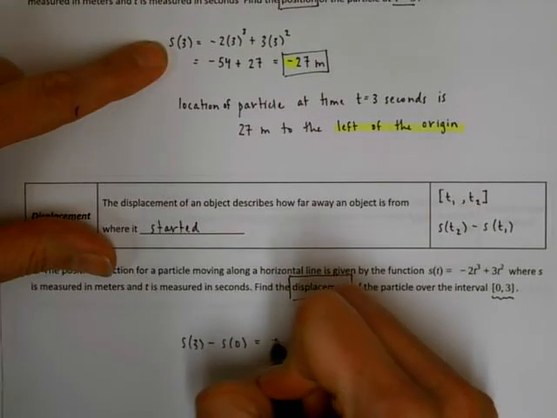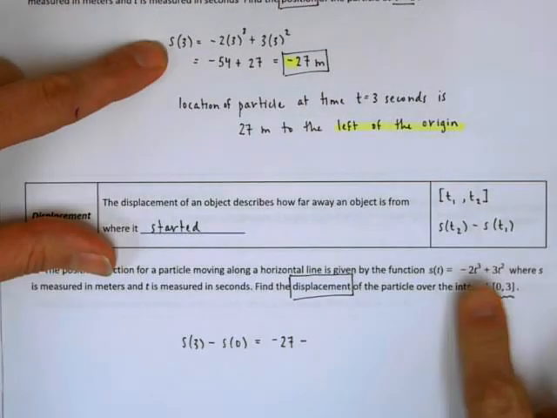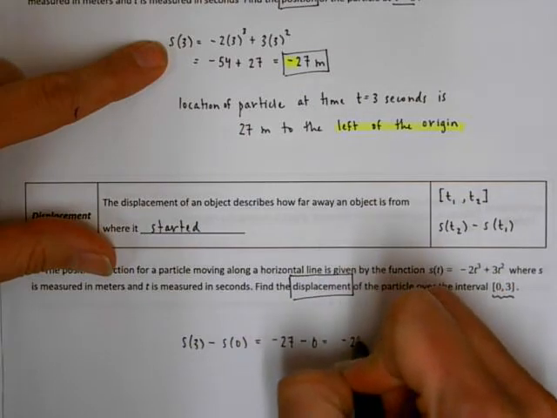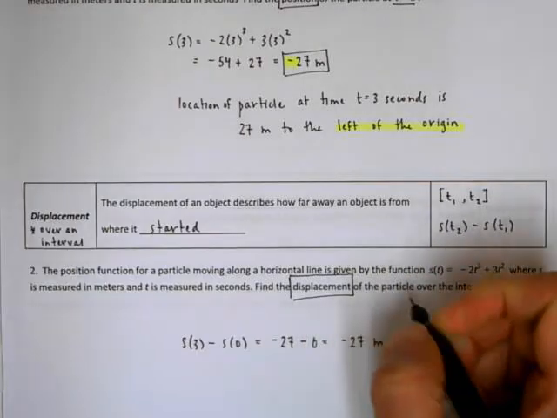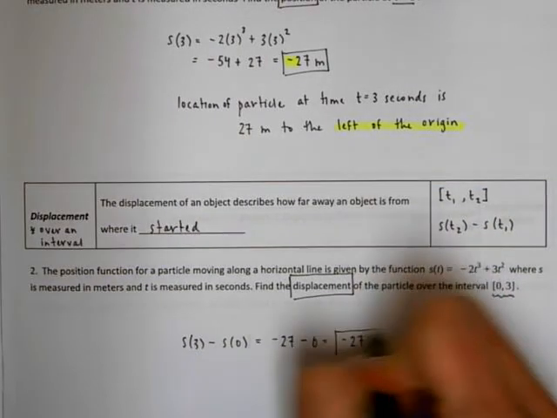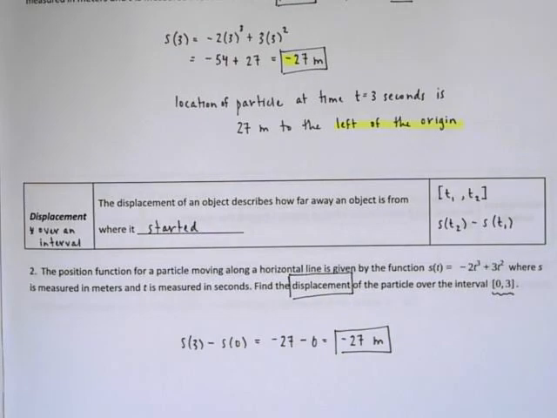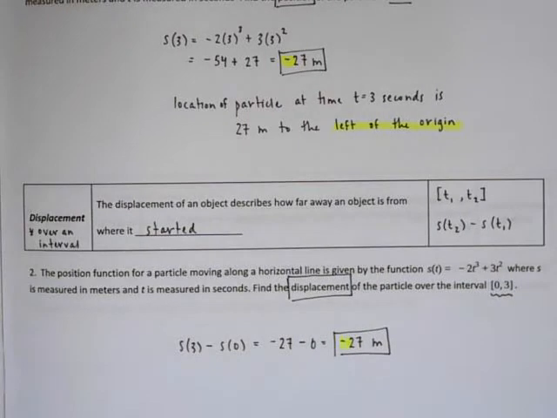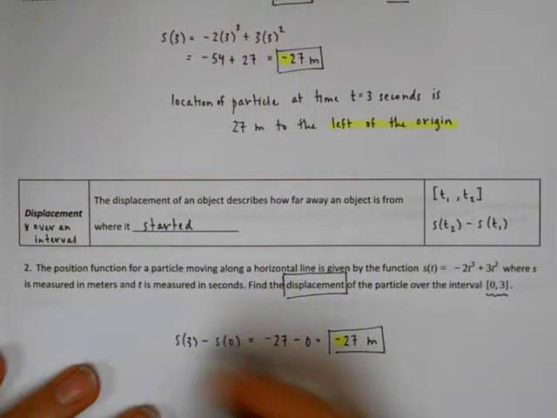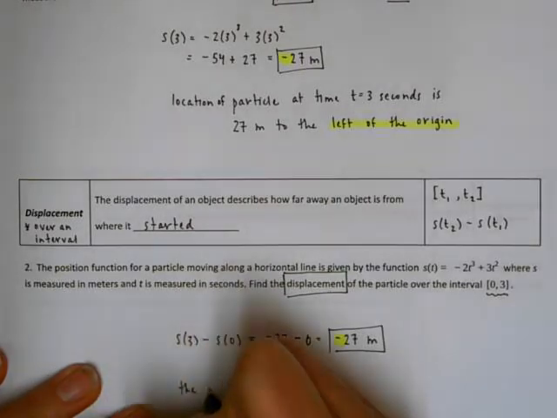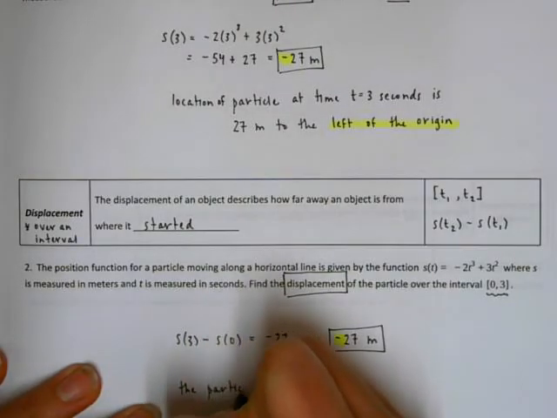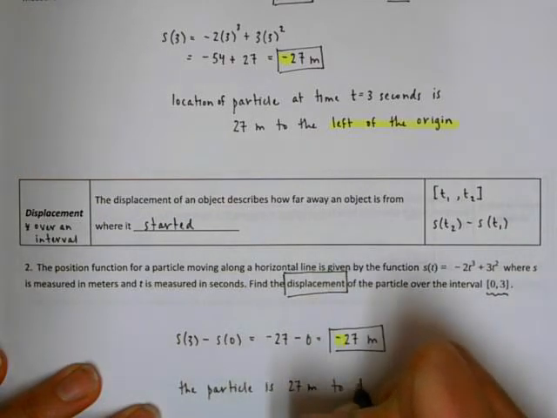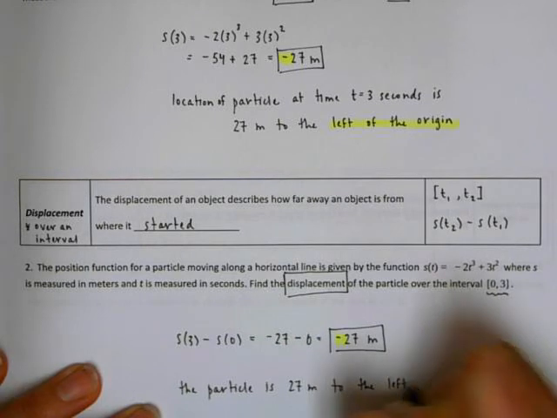We knew that was negative 27, minus, if I plug in 0, s of 0 is just 0. So we get negative 27, and again, my units are meters. So here again, we see that negative 27. In the context of displacement, what that tells us is that the particle is 27 meters to the left of where it started.